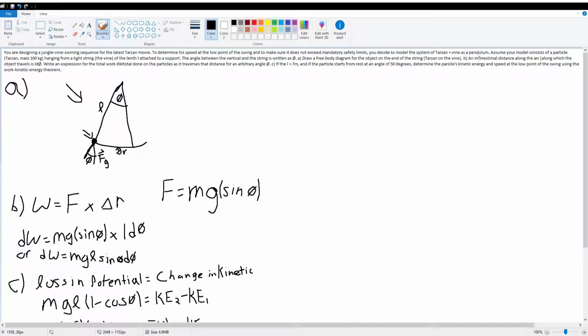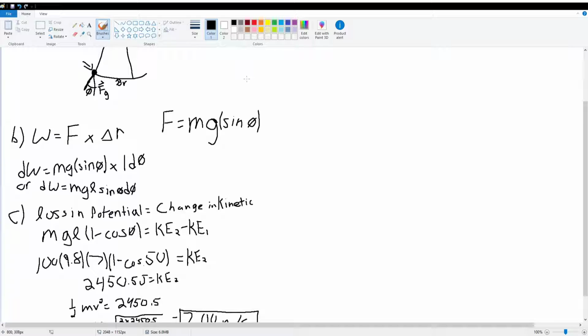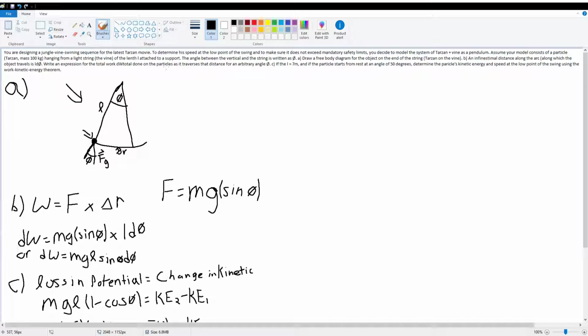And part B says, an infinitesimal distance along the arc the object travels is L d theta. Write an expression for the total work done on the particle as it traverses that distance for an arbitrary angle theta. Okay, so we know that work is equal to the force times the displacement.